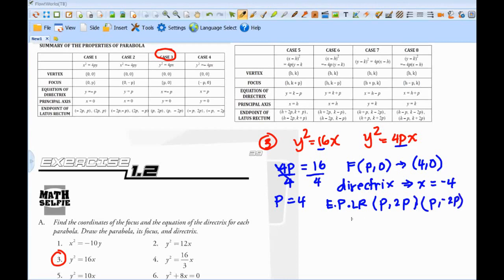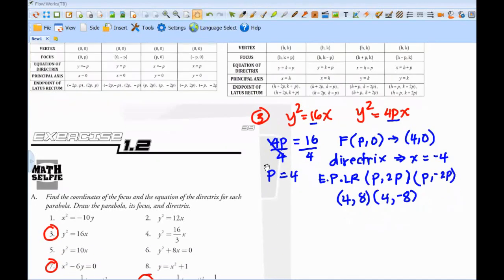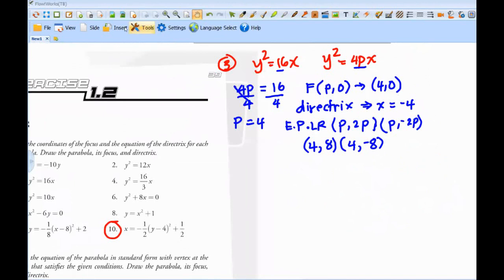So therefore, we have the endpoints of the latus rectum. p is 4, so (4, 8). The other one is (4, -8). So we completed all the information so that we can graph our parabola.